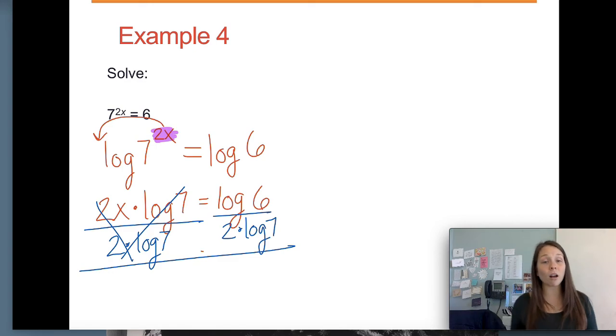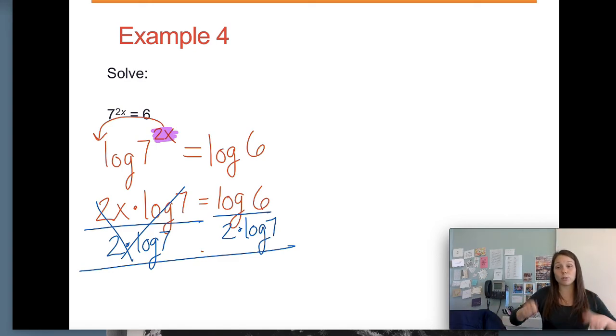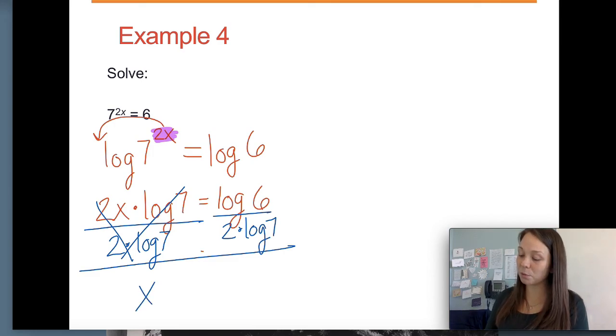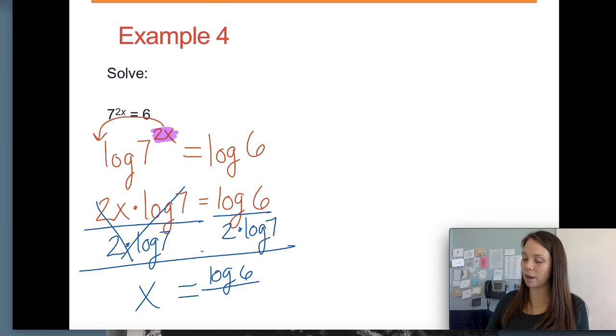Because the 2 and the log of 7 were being multiplied, so to get rid of them, to cancel them, their inverses would be to divide. That leaves me with just x, and on the other side, I have the log of 6 divided by 2 times the log of 7.